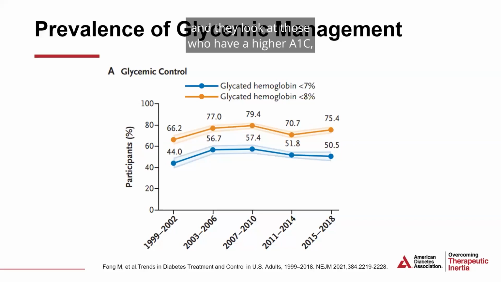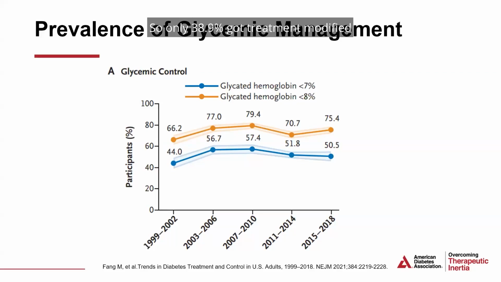And they looked at those who had a higher A1C, and what percentage of them got a treatment modification after A1C was not at target. Only 38.9% got their treatment modified after we found out that A1C was high.